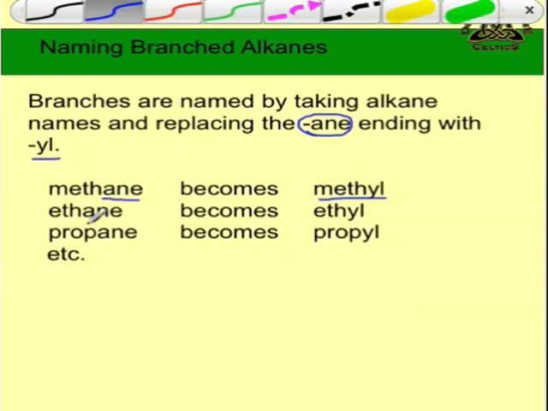Likewise, a two-carbon alkane is ethane. When you have a two-carbon branch, it becomes ethyl. Likewise, propane is a three-carbon alkane. When it becomes a branch, it's propyl. And that goes on with the other alkane names that you already know.